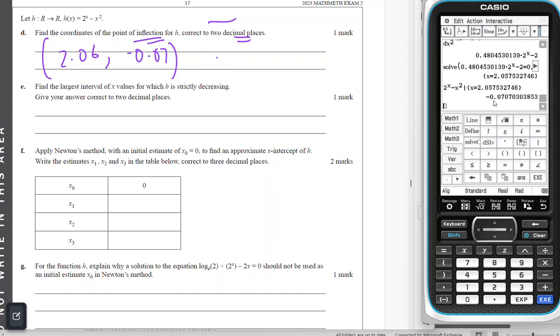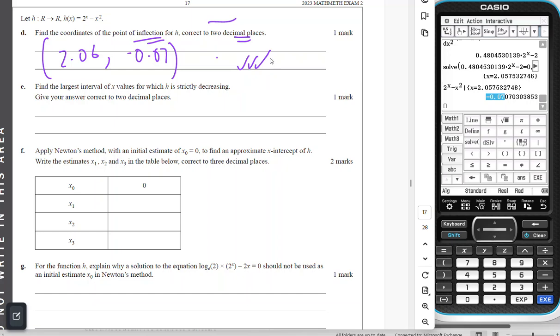And I get negative 0.07. So there's 2 ways of getting that.